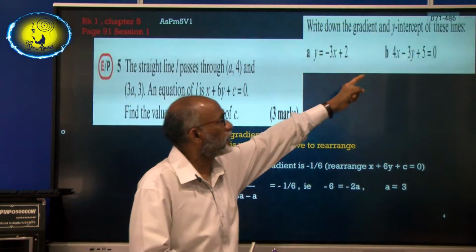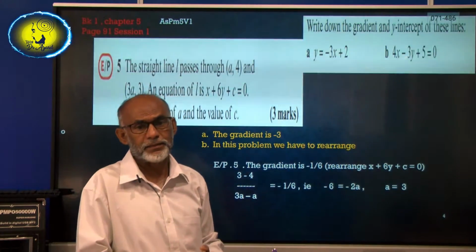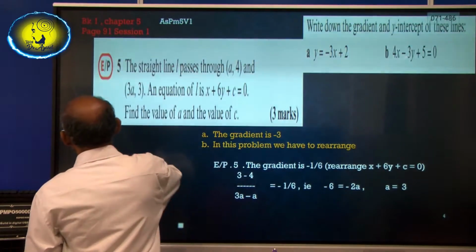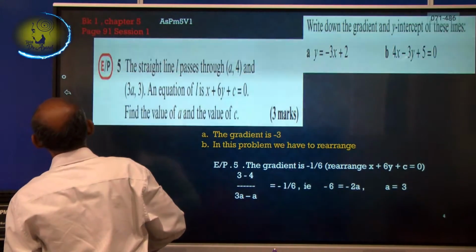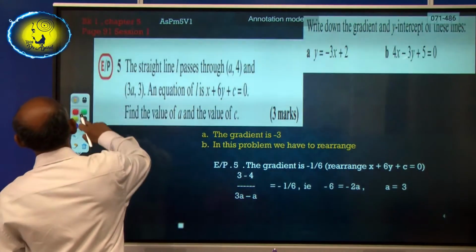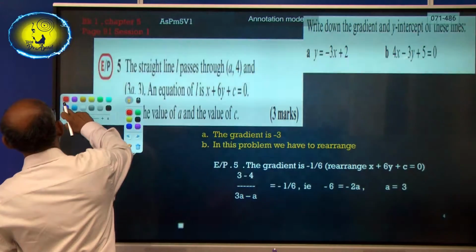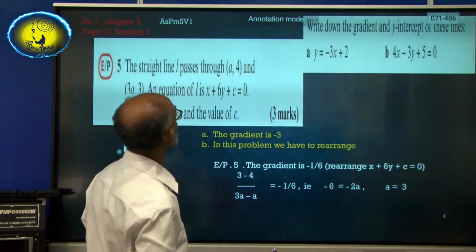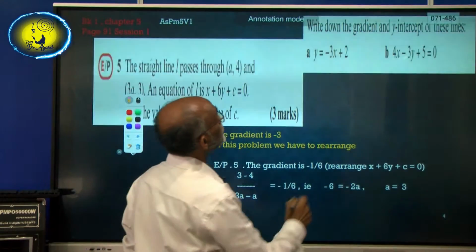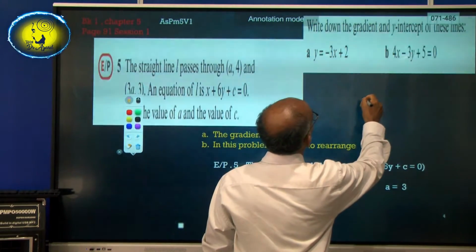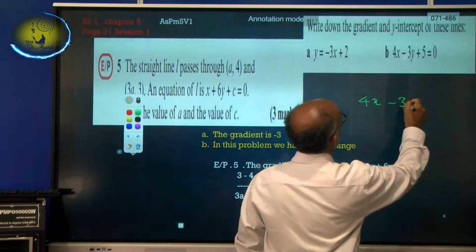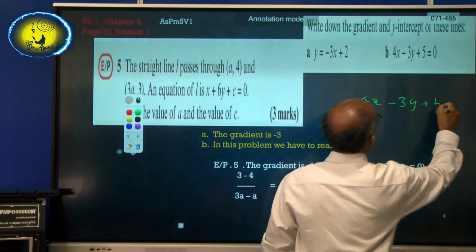If we want to find the gradient of this straight line, we have to rearrange. x minus 3y plus 5.